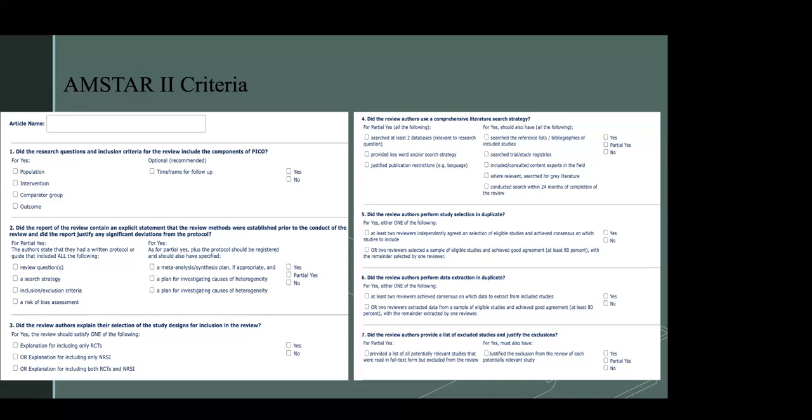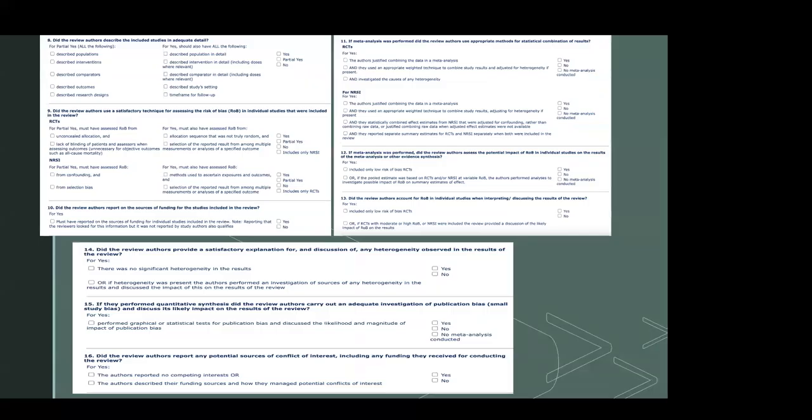This criteria is a 16-item checklist, as shown here, which includes protocol registration, inclusion criteria, study selection, and bias assessment, and all of these 16 criteria were assessed. Based on this, the rating is given as high quality, moderate quality, or low quality.